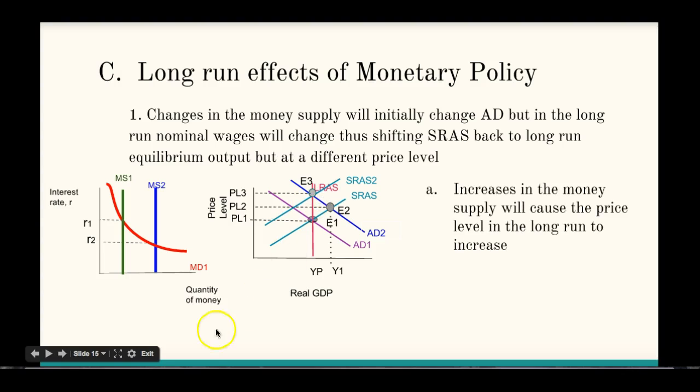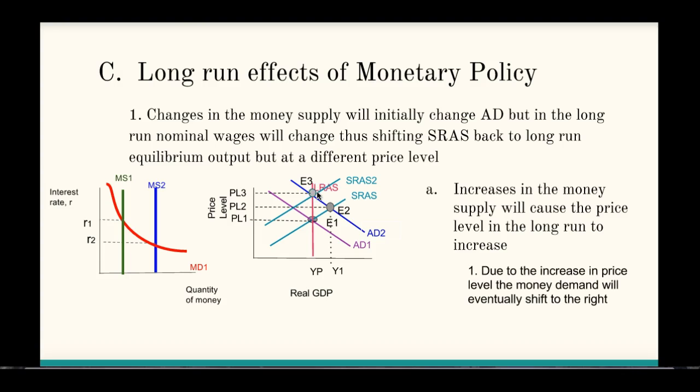Because of this increase in the money supply, moving from the green to the blue line, there's a domino effect. It will cause the price level in the long run to increase, from E1 to E3, but because our price level increased, our money demand will also shift to the right. Think about it: if prices of everything are going up, I need more money, so the demand for money shifts to the right.